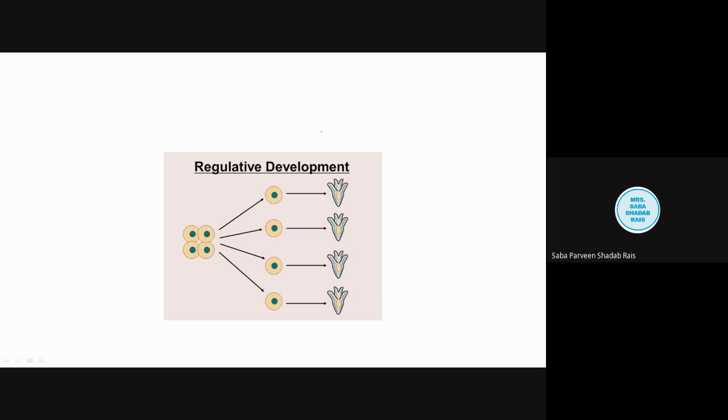So in this lecture we have discussed the various types of eggs. First we discussed egg types on the basis of the amount of yolk present. Thereafter we discussed how the yolk is distributed in the egg, and on that basis we saw the division.